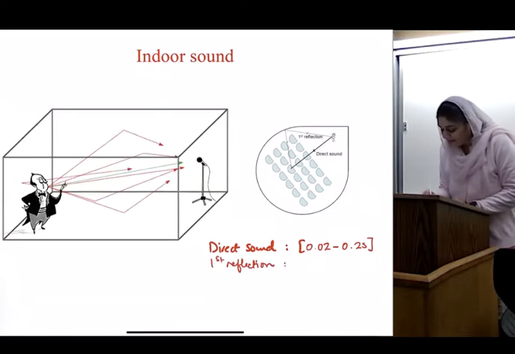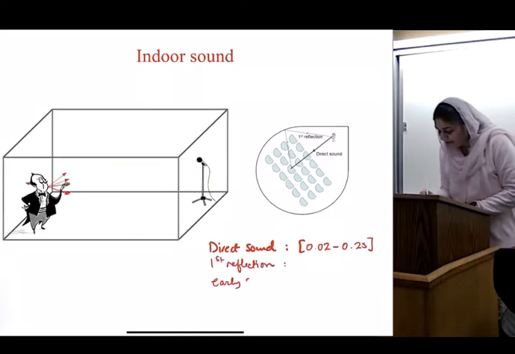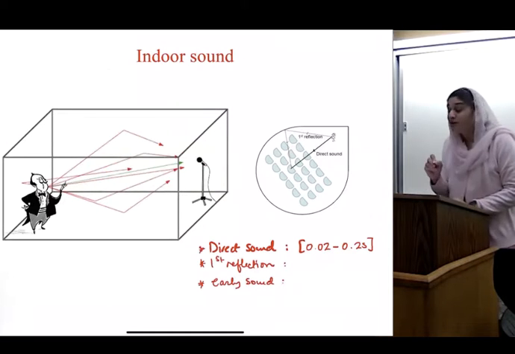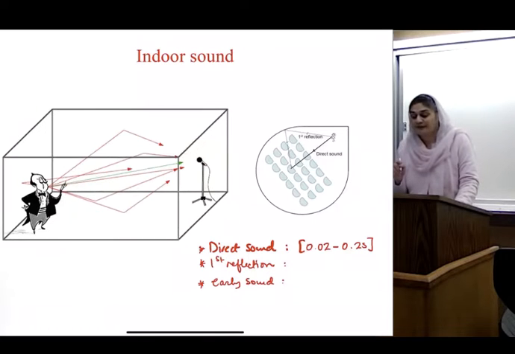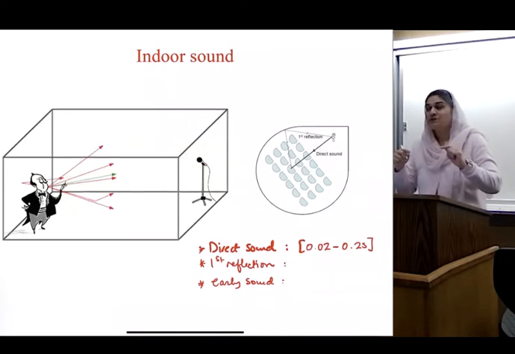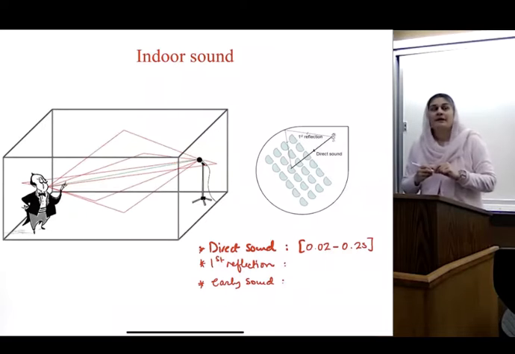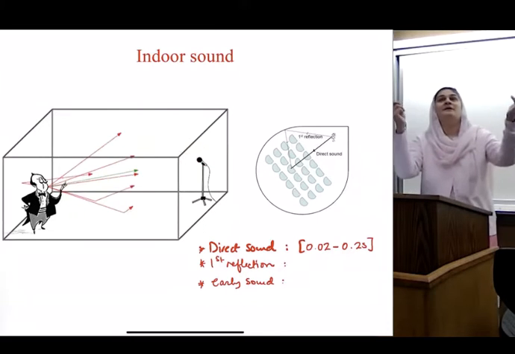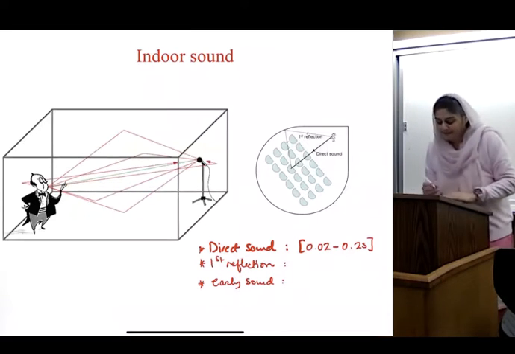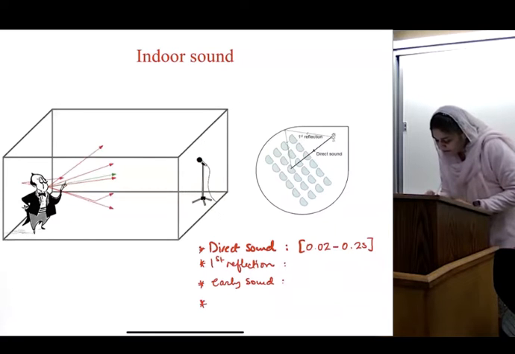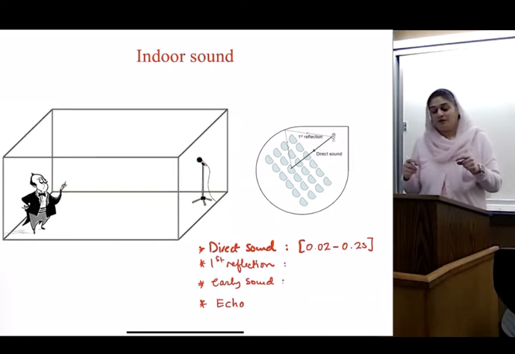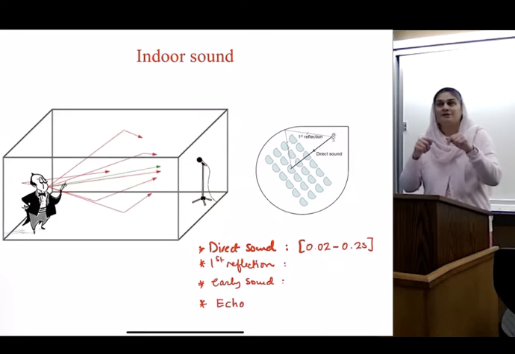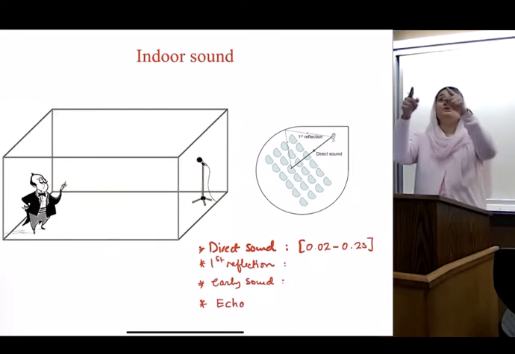There's another thing that happens, which is called early sound. Early sound is the first group of reflections that reach the receiver. It could be from anywhere. And then last but not least, echo. Now, all of what I've talked about with direct sound, first reflection, early sound is sound that's reaching you.